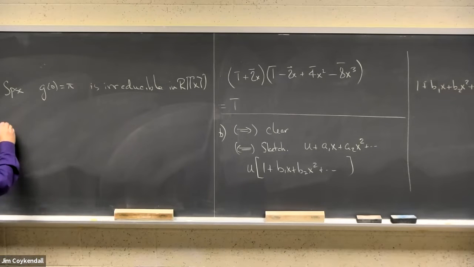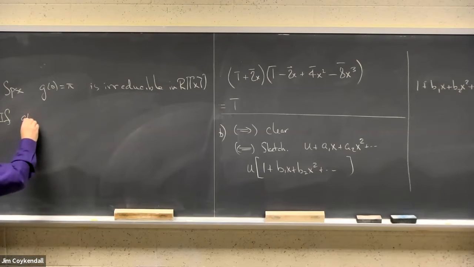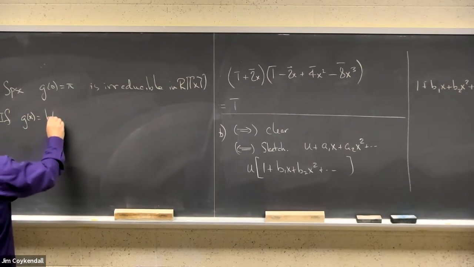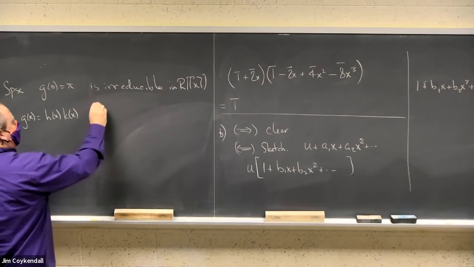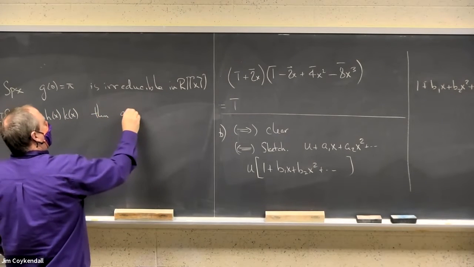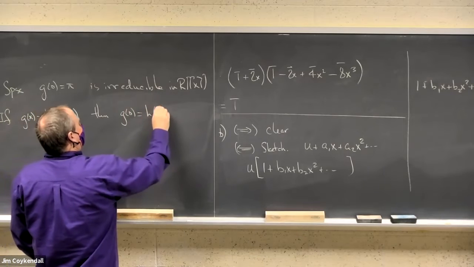Notice that if g of x is h of x times k of x, then g of 0 equals h of 0 times k of 0.